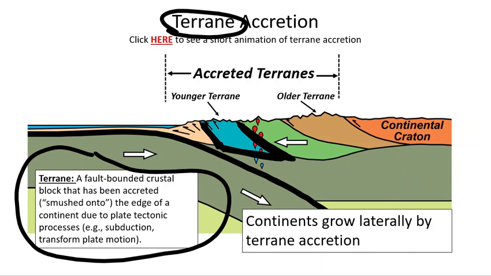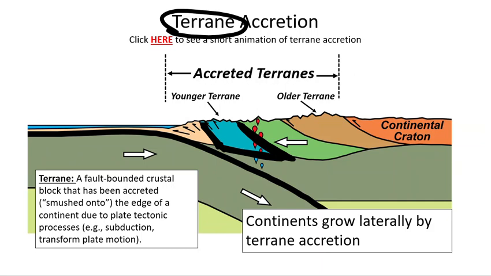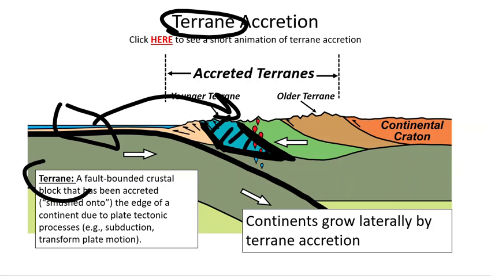So on all sides, except the upper side, of course, this block of material that once was part of the oceanic plate, maybe here, eventually got scraped off the oceanic plate and plastered onto the edge of the continental plate. So that so-called fault-bound block or sliver right there is what we call a terrane.